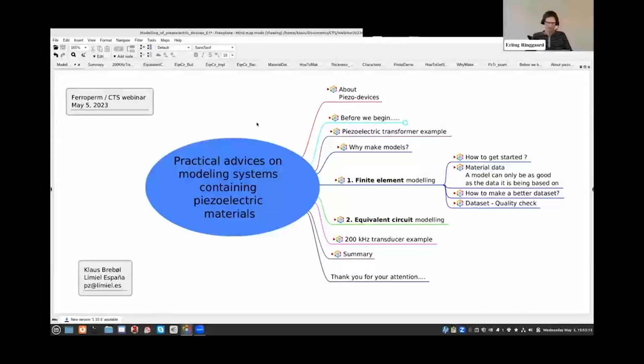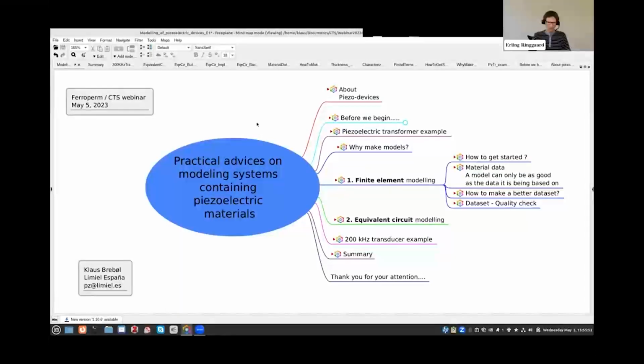Okay. And I may add, by the way, that for the equivalent circuit modeling, actually there is a free SPICE simulator, LTspice, that you can get from Analog Devices, and it's an excellent simulator, and it costs absolutely nothing. So if you don't have any other SPICE simulator in-house, I'll suggest that you begin there. With finite element programs, it's a much more complicated process.